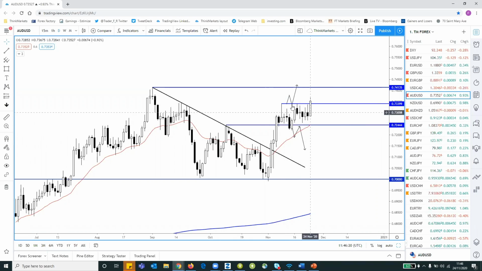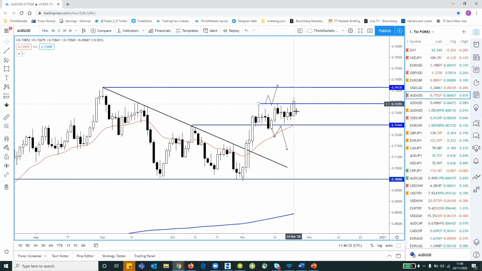As it happened, the Aussie kind of continued to consolidate inside a consolidation zone here. But as you can see today, it has broken above the high of the range. This is quite bullish if it can hold the breakout.